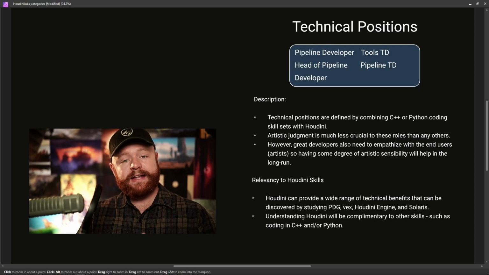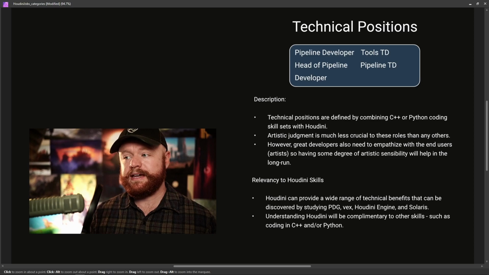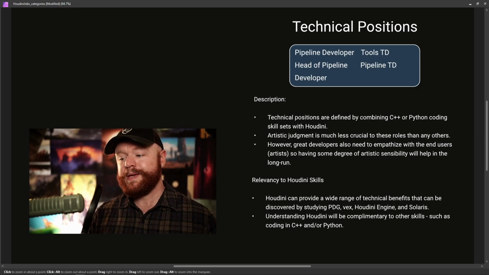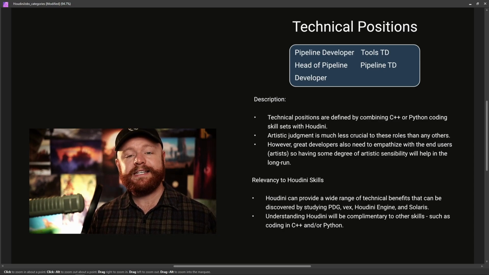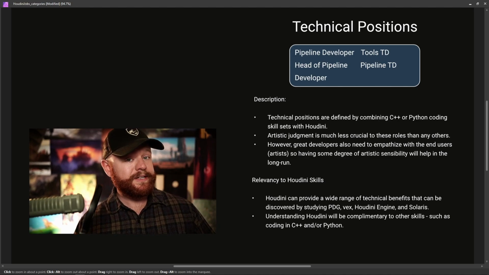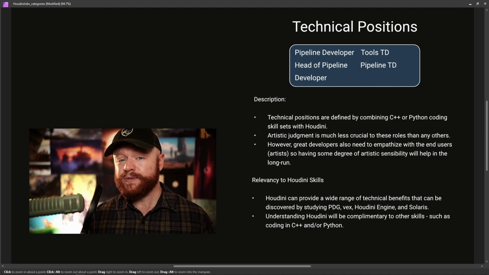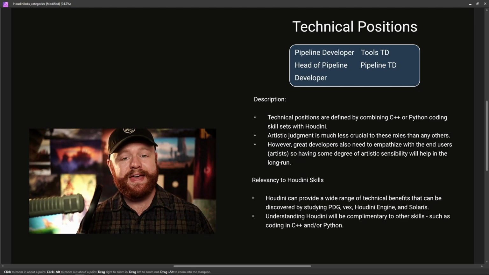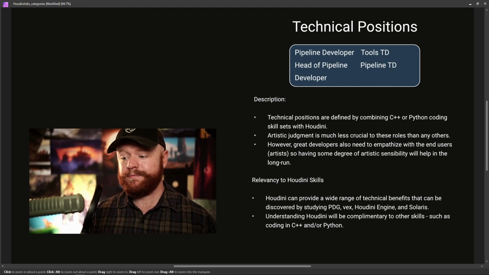And so if that's you, then I would say Houdini is going to provide a wide range of technical benefits, and you really ought to check out PDG, VEX, Houdini Engine, and Solaris. Those specific topics are going to offer you the most when it comes to using Houdini in a pipeline or as a developer to make certain tasks easier for you.